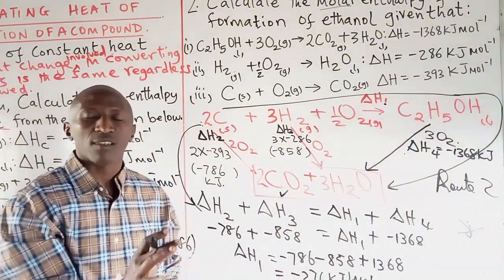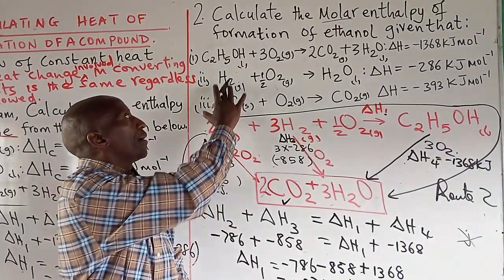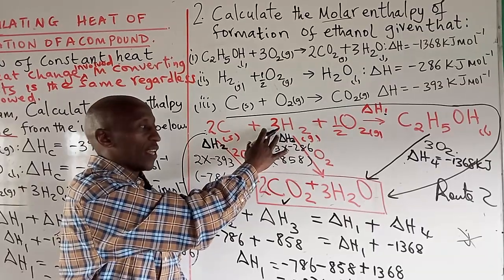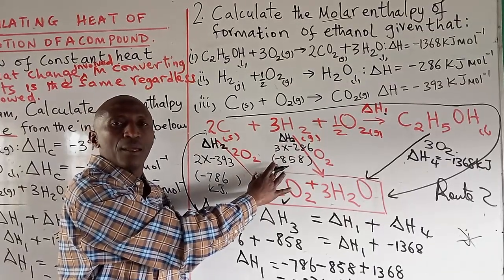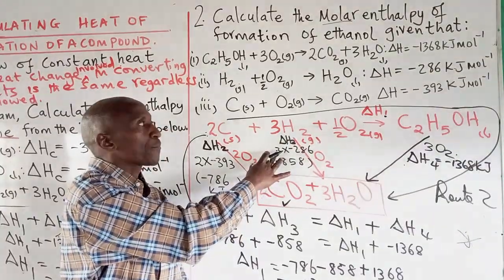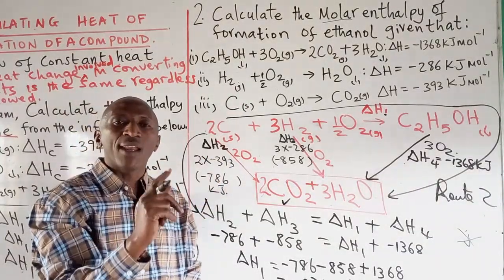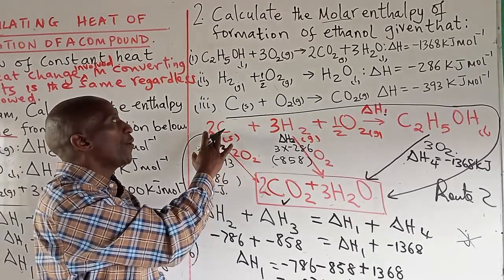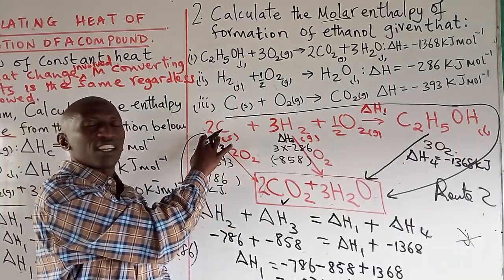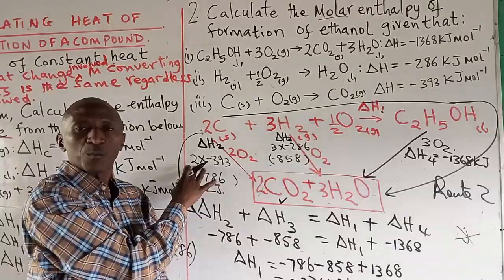What we need to be very cautious about is the amount of reagents that we are using. Here, when we use 3 moles, then equivalently the energy per that reagent should be multiplied by 3, because in the data we have been given energy of 1 mole. The same case with carbon, we have been given energy change of 1 mole of carbon, but in the equation we are having 2 moles, so we multiply that by 2.